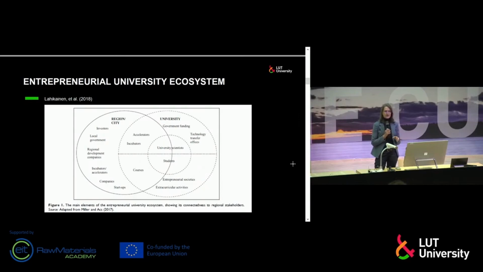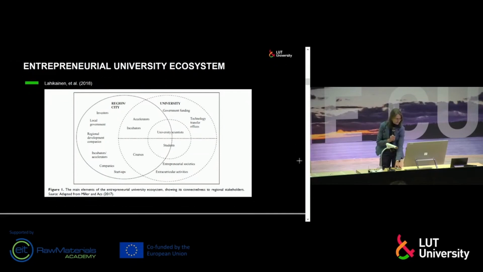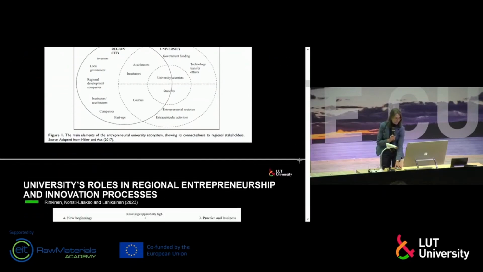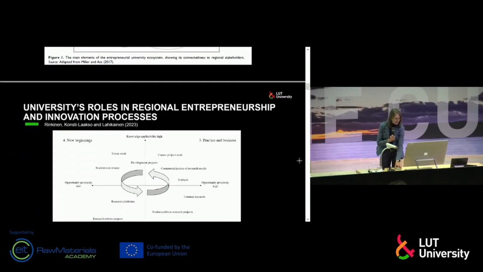The other functions that are there in the outer layer, they are the supporting functions, but the core is formed by the researchers and by the students. And I will give you in my presentation a few examples on all of these activities that you can see here inside the dotted line, how they have done in practice here at LUT.